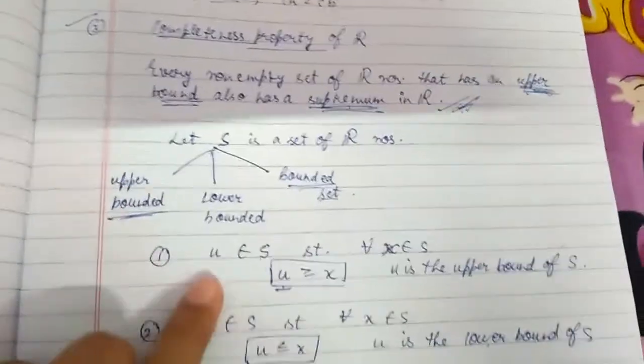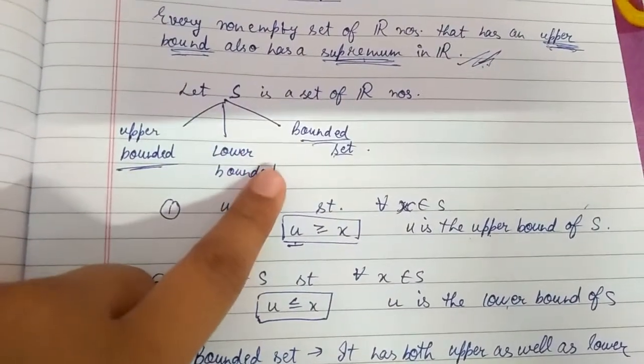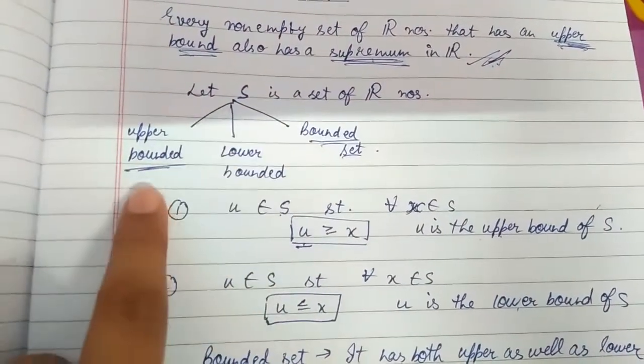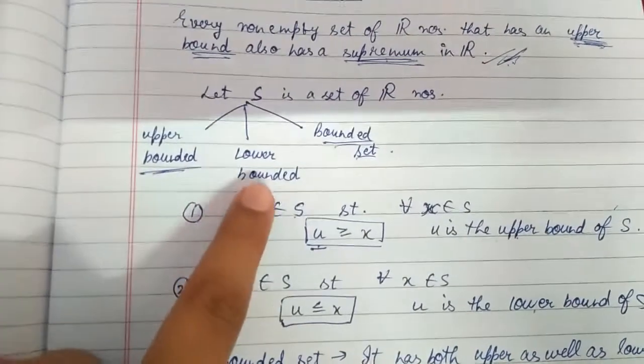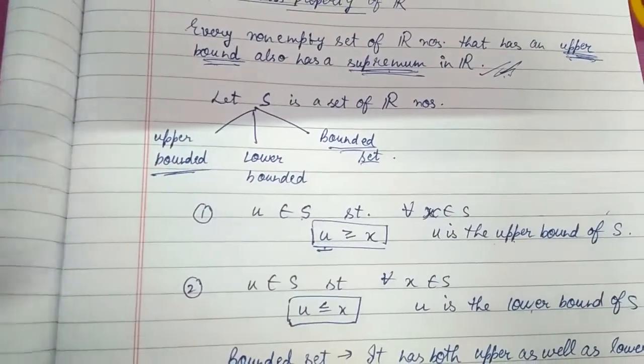For that, let us take a set S in the set of real numbers. The set S can either be upper bounded, or it can be lower bounded, or it can be a bounded set.